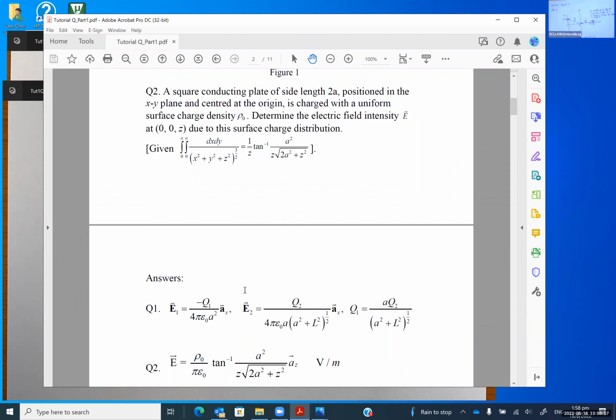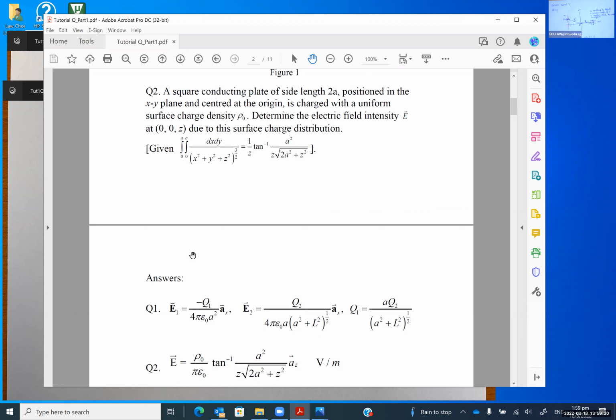Why does it have to be a conducting plate? Can it be a non-conducting plate? It can also, right? It doesn't have to be a conducting plate. The conducting plate will force the charge density to be uniform, that's for sure, because it's conducting. It doesn't have to be.